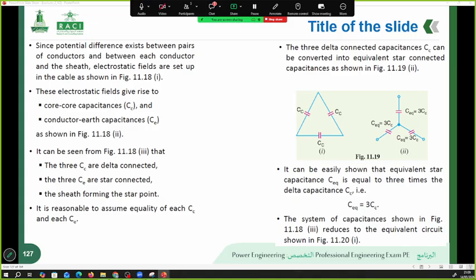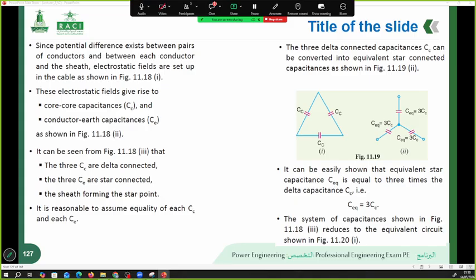Two types of electrostatic fields and the resulting capacitances are established: core capacitance between each pair of conductors, and conductor-earth capacitance between each conductor and the earthed sheath. From the figure, the three core capacitances form a delta, while the three conductor-earth capacitances form a star connection with the shield as the star point.